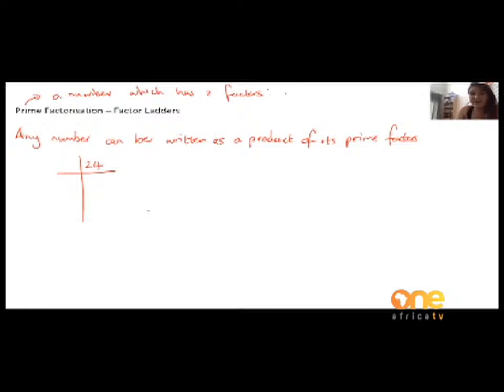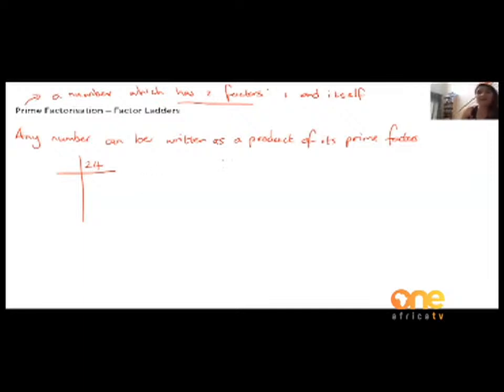So any number that has two factors and only two factors. So for example, 1 is not a prime number because it only has one factor, which is 1. And so 1 is not a prime number. Okay, so the first prime number is 2. 2 is the first prime number. It's also the only even prime number.